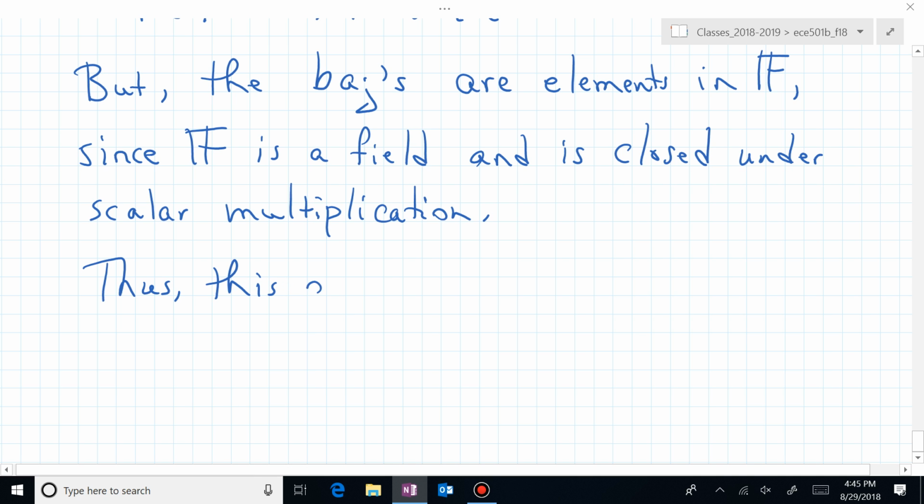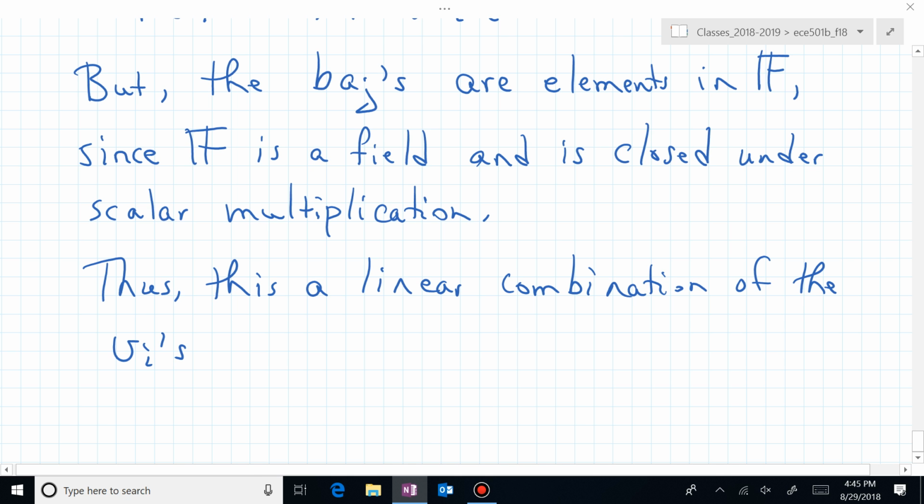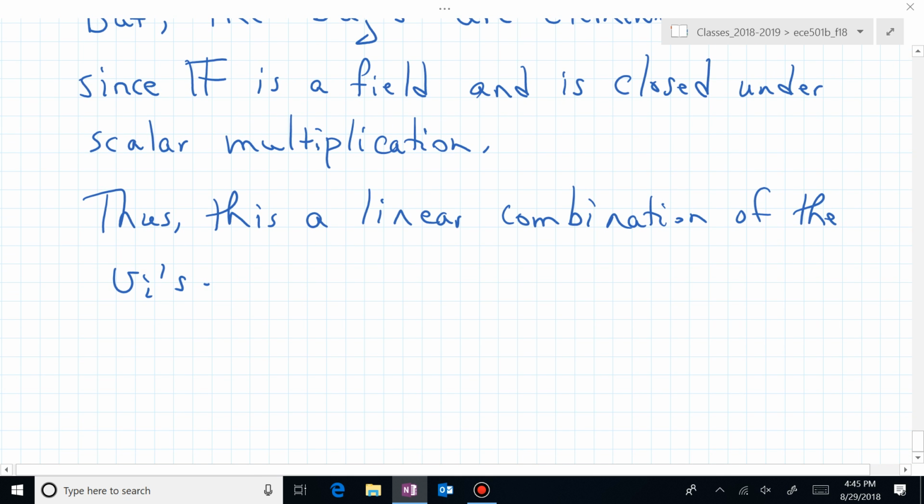Thus, this is a linear combination of the V sub i's, which says then that the span of W, which is just a linear combination of the V's, is closed under scalar multiplication.